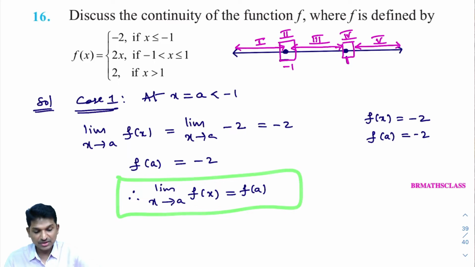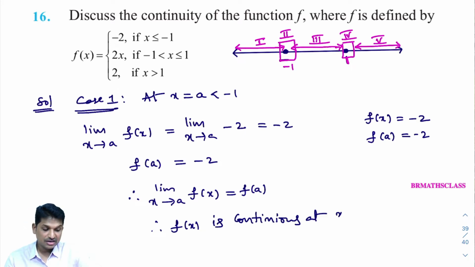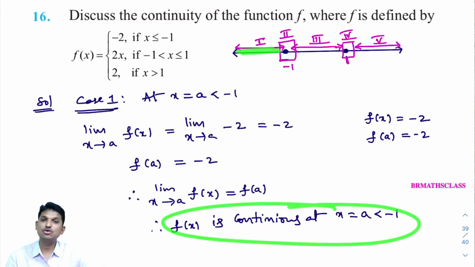Then I can say, therefore, f of x is continuous at x equal to a whenever a is less than minus 1. So I checked the continuity in this first interval. In the first case, I came to know that this function is continuous at x equal to a whenever a is less than minus 1.